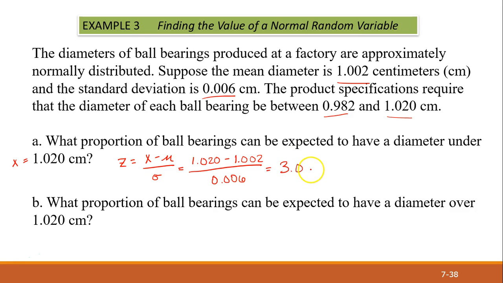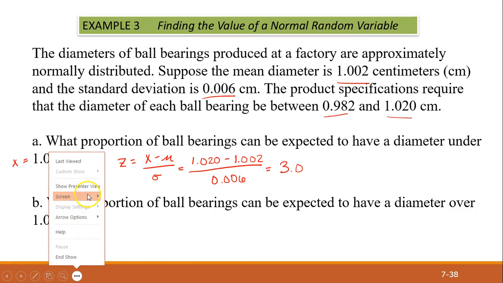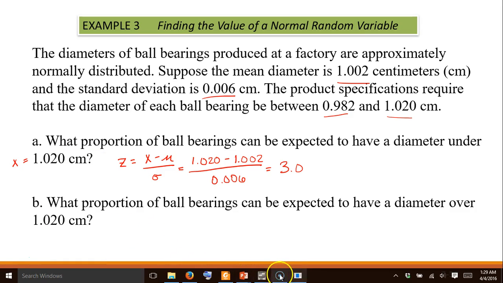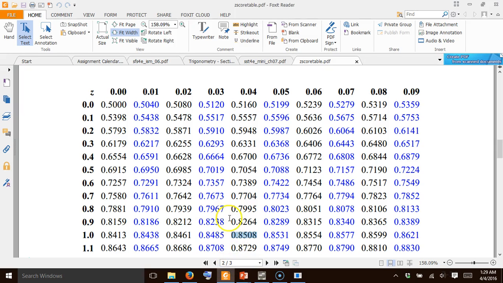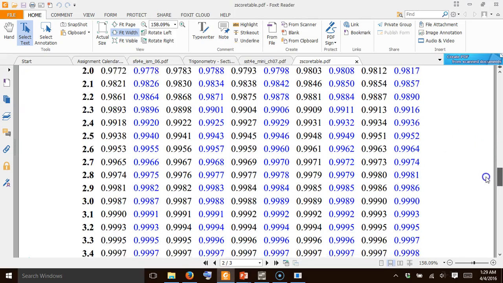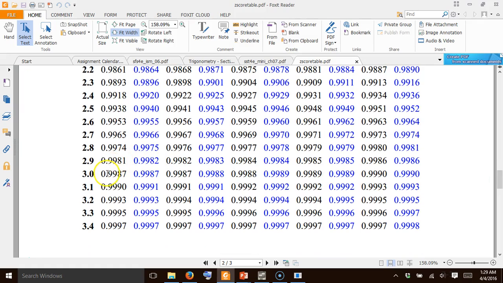And whenever we go to our Z table, let's go ahead and do that again. I'm going to go to the Z table and look at 3.00. So 3.00 is this value right here, 0.9987.